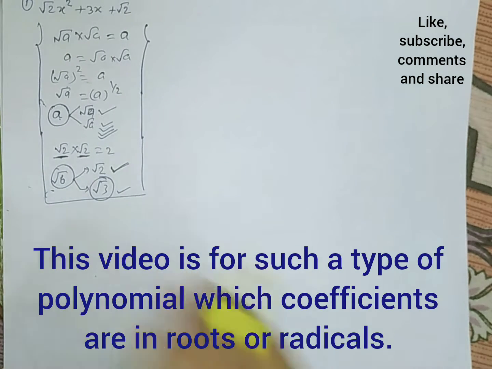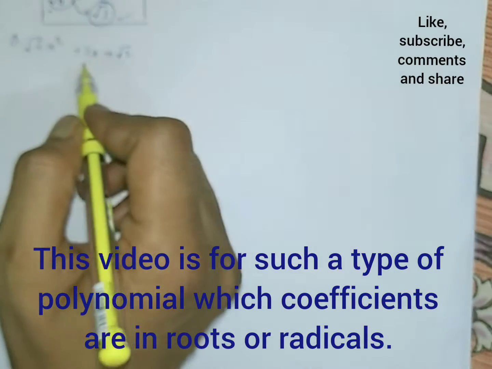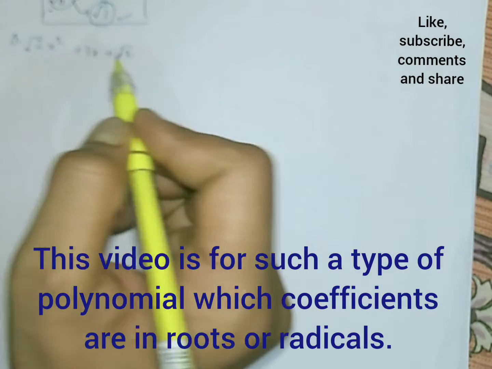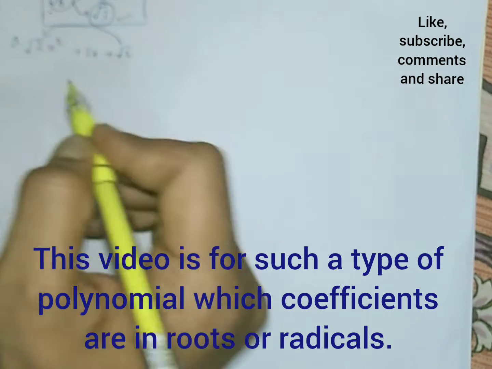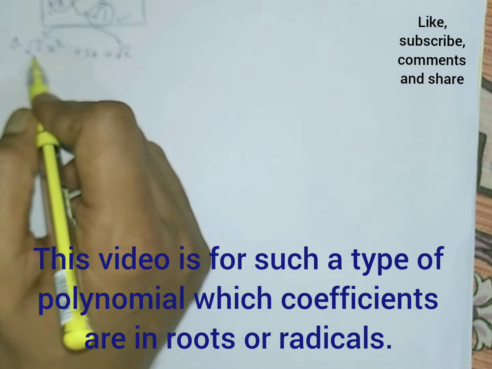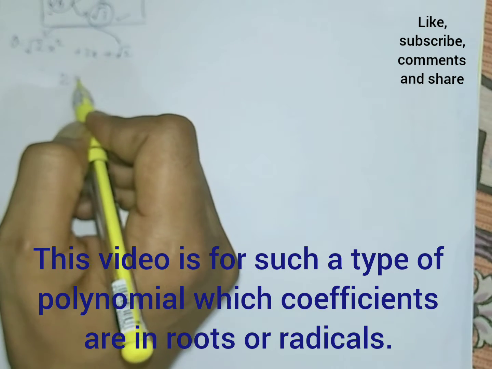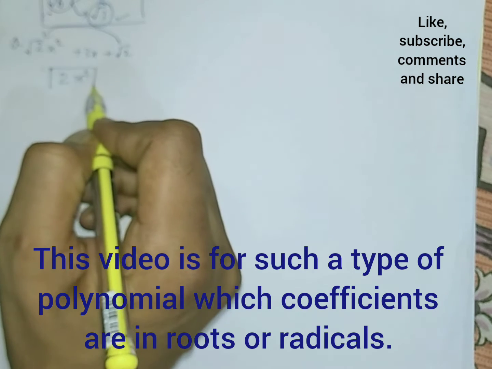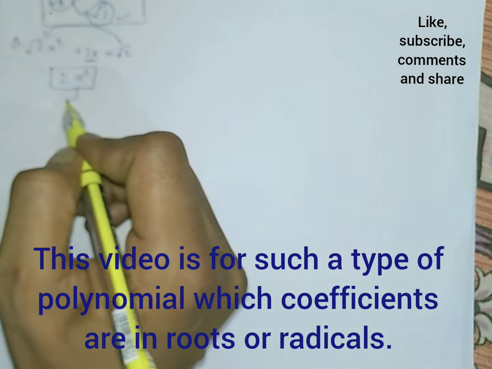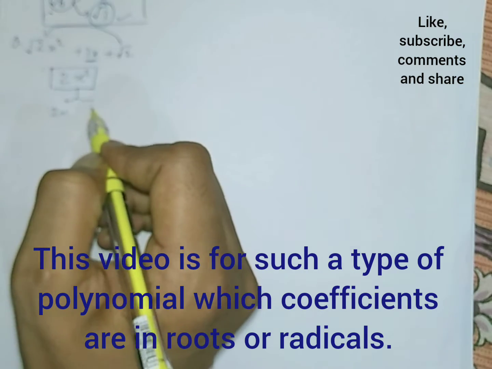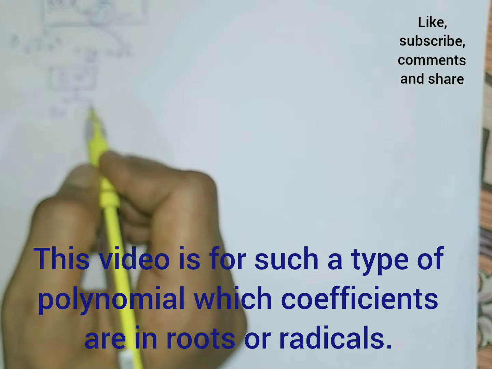Now start the question. Here we have given root 2x square plus 3x plus root 2. By the rule you have to multiply the first and last terms. Root 2 into root 2 is equal to 2, into x square. To break this 2x square as the summation giving 3x, you can write 2x and x: 2x plus x is equal to 3x, and 2x into x equals 2x square.